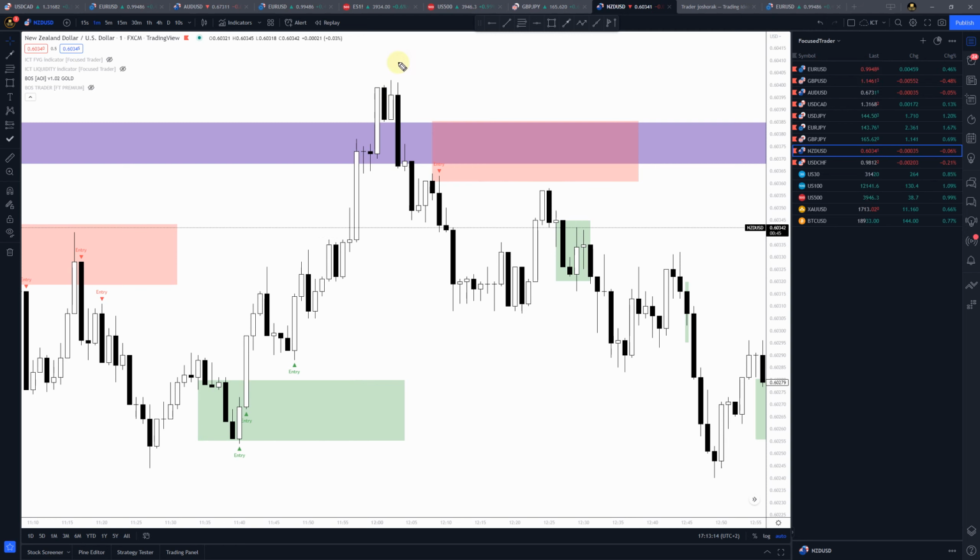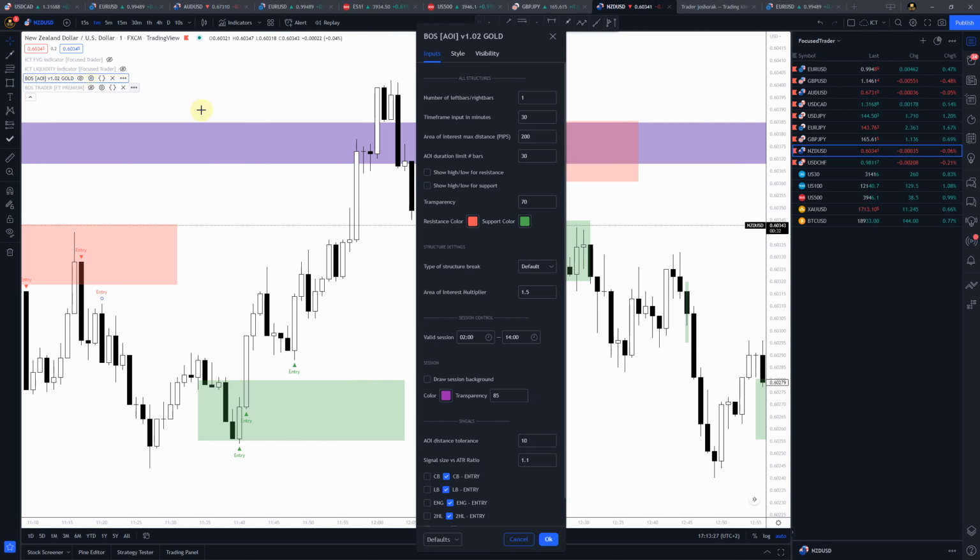How I define structure is that there is a pivot high, which is basically the highest candle from a series of candles, and the number in the series is the number of bars on the left and right. You can see that right now we have our structure set to 1.